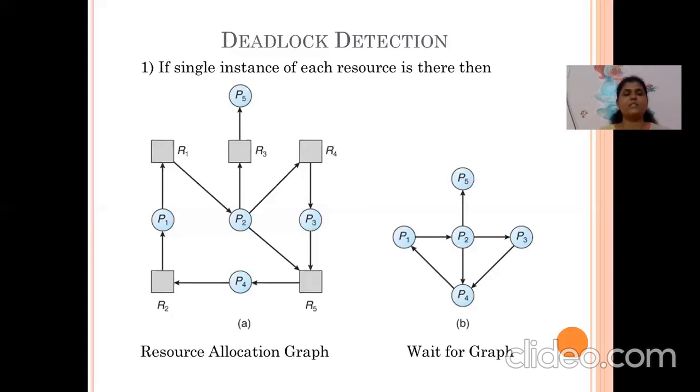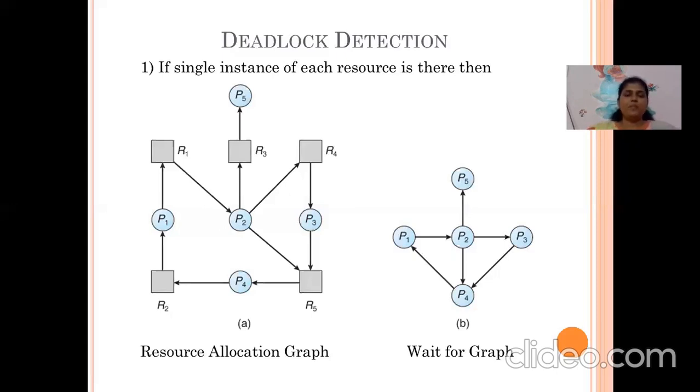As we have already discussed, all the processes are represented as circles and all the resources are represented as squares. The number of instances is shown by dots in that square, but here we will assume only one instance of each resource. That's why no dot is present in any of the squares.